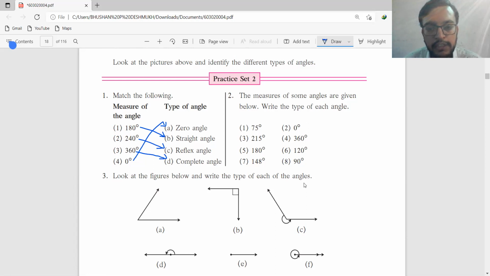Now you have to solve this second question and tell me the answer. Okay, I will give you 2 minutes to solve this second question.